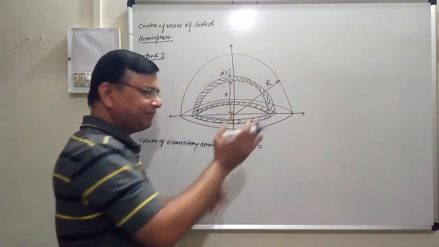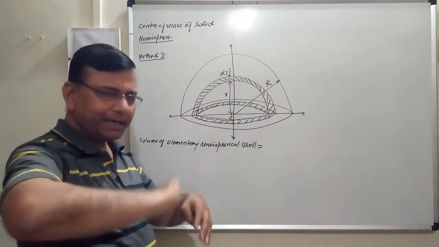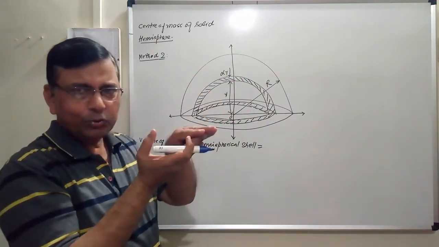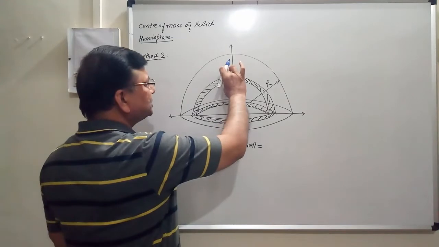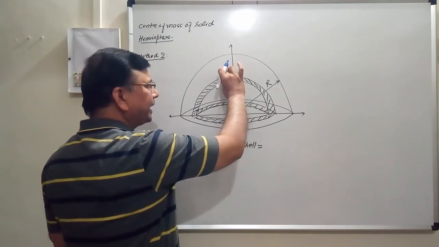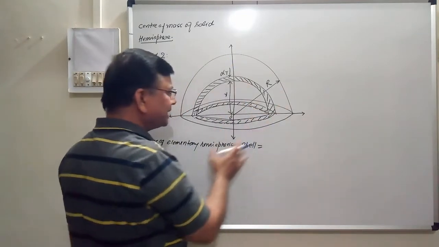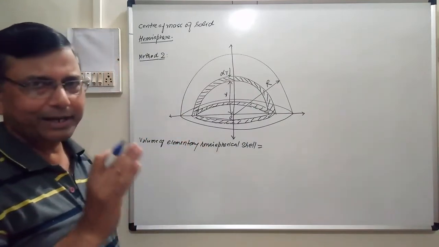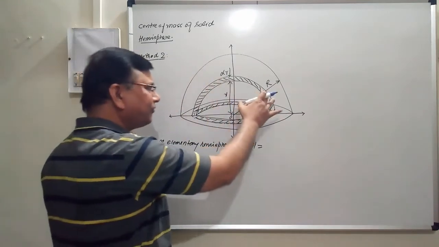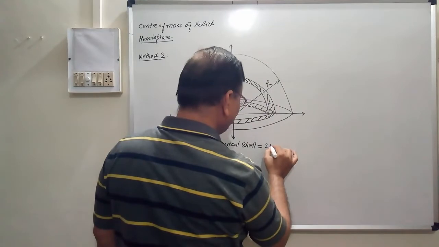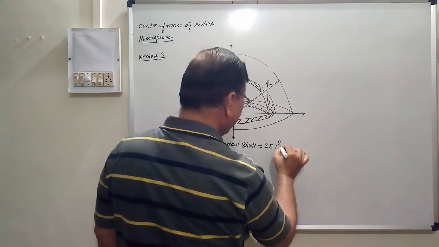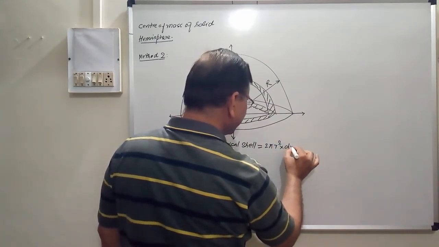The total surface area of the shell into thickness. Thickness I have considered as dr, and the total surface area of a sphere is 4 pi r square, as it is half, we will get 2 pi r square into thickness dr.